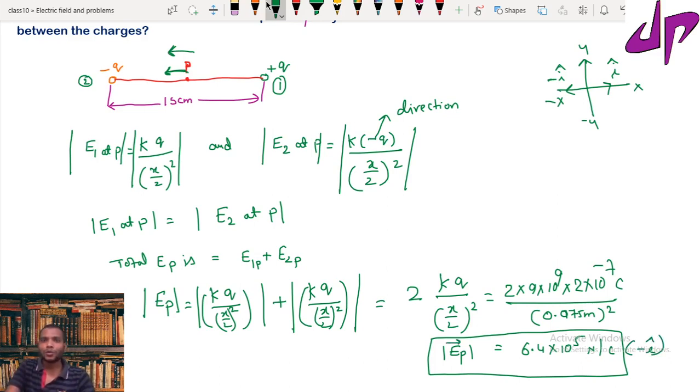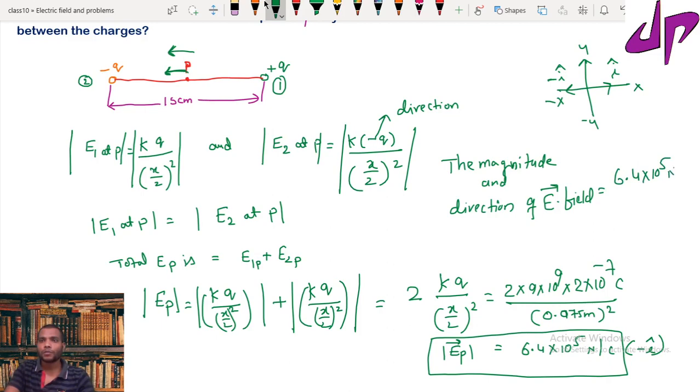So the magnitude and direction of electric field equal to 6.4 times 10 power 5 Newton per Coulomb along, sorry, negative I cap.